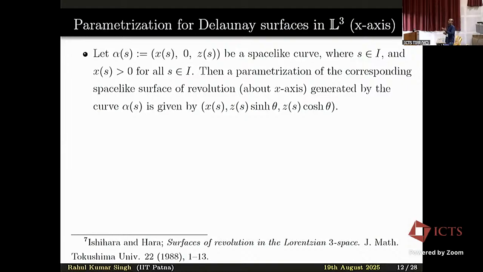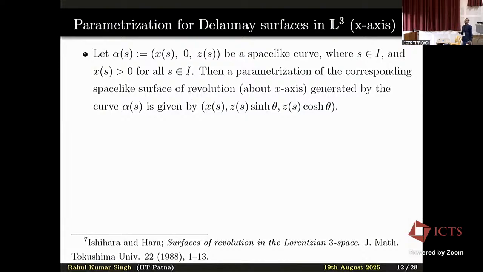Suppose you have a space-like curve. You know the meaning of this: everywhere the tangent vector has positive length. This condition tells you that the curve is not intersecting the axis about which it is rotating.